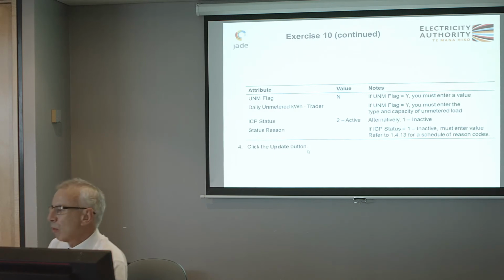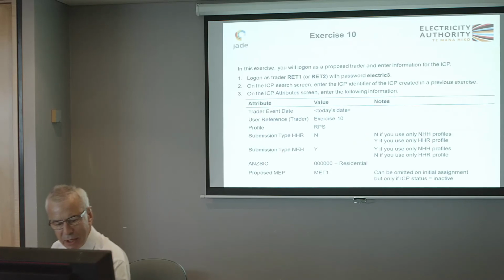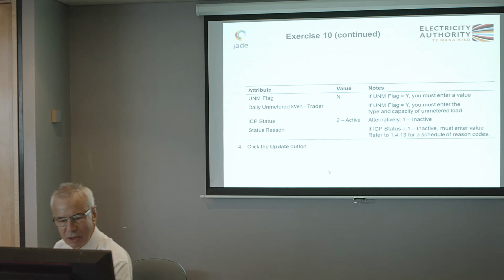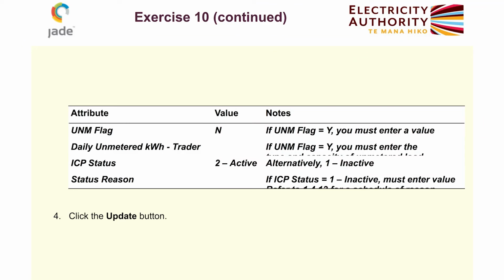It will also trigger off something called an MEP switch, because you will have nominated Met1 as the proposed MEP, and there'll be a warning message at the top of the screen that says that an MEP switch is in progress. So that's exercise 10, and then we'll be moving on to the next module. So if you'd like to do exercise 10, please.